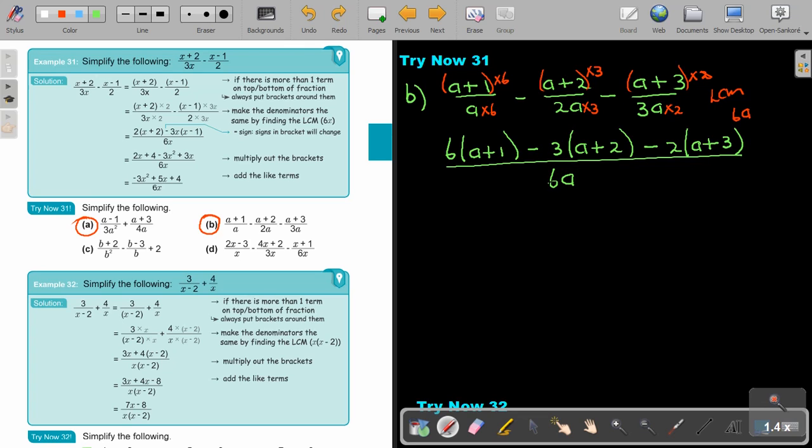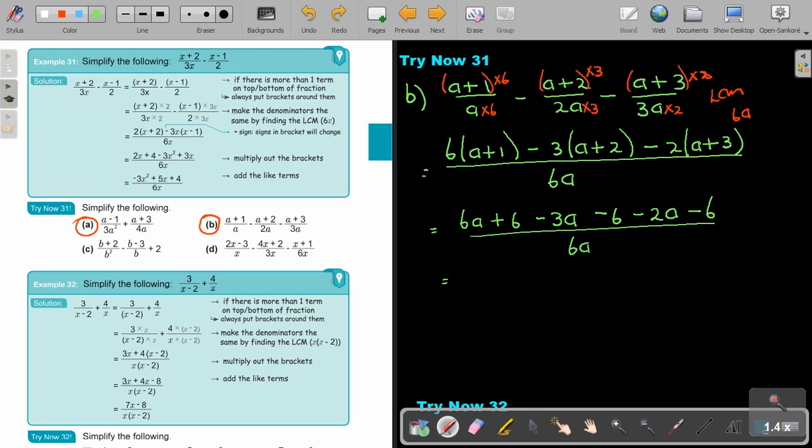And then I simplify it, and I will get 6a plus 6 minus 3a minus 6, be careful, a negative times a positive is a negative. This one will work out nicely, usually you will not make mistakes here, but this one, a negative times a positive is going to be negative 6. And that is all going to be over 6a.